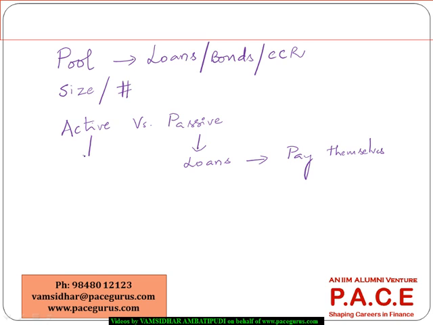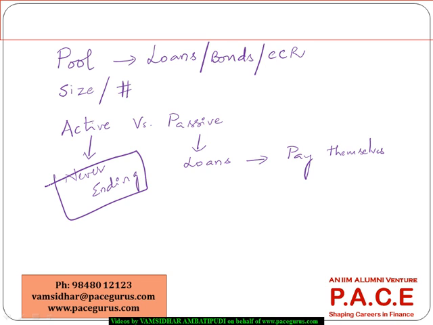But in some cases, what you see is the pool gets actively managed. Some loans, once they are expired, once they are matured, some other loans get into the pool. So the pool is like a never ending pool, or the pool's expiry date does not match the underlying assets' maturity date.